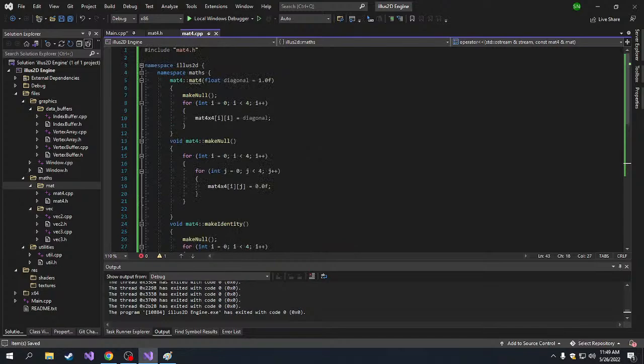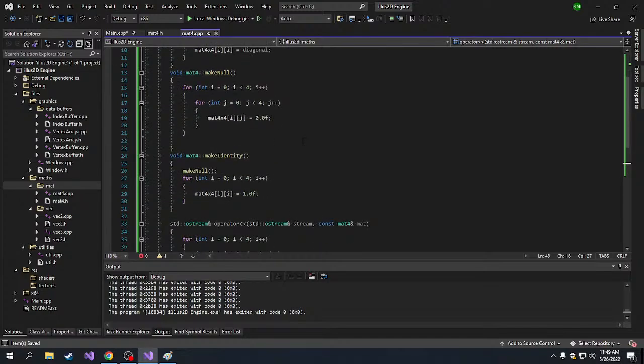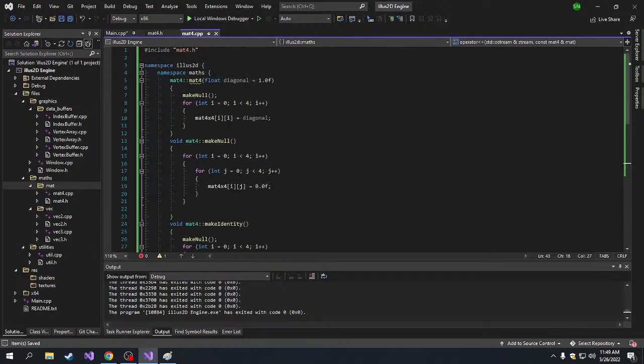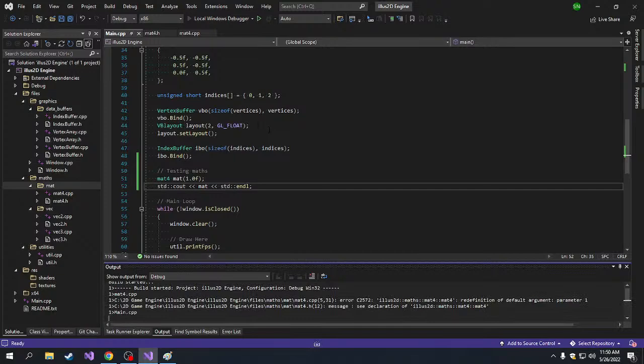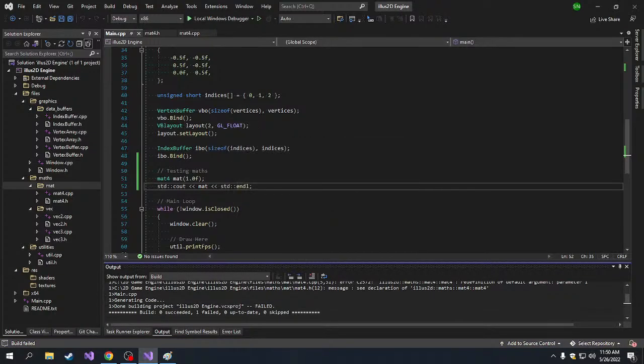So we call the make null function, so that's all 0s. Then we set the identity. We can just call it the diagonal. Cool. Let's run it. Hopefully we'll get an identity matrix, and we don't.